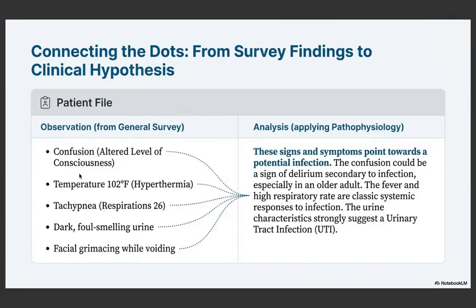So that's how we get from, okay, here are our cues, to analyzing them so that we can come up with a nursing diagnosis for our patient. For this one, it would obviously be infection, right? That would be the blanket nursing diagnosis because they have an infection.